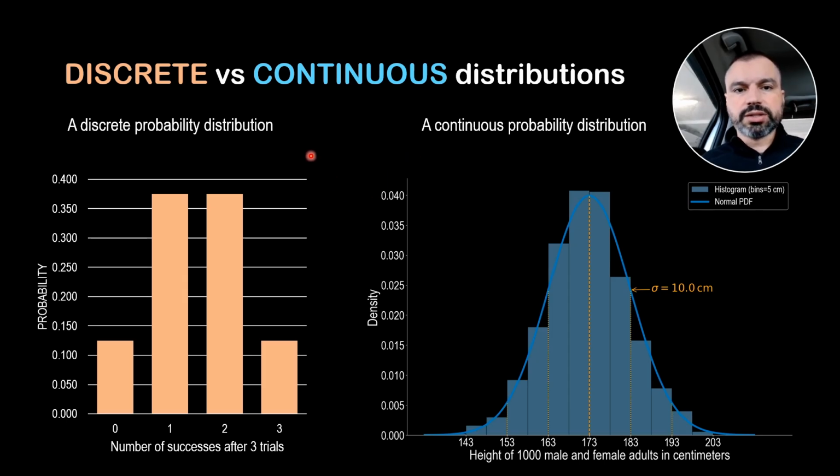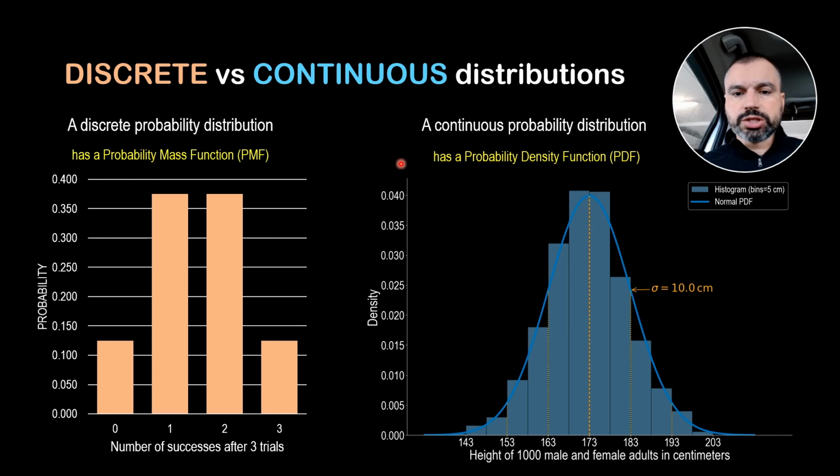The function that allows us to compute each and every probability in a discrete distribution is called a PMF, probability mass function, whereas the function that allows us to compute the probabilities in a continuous probability distribution is called a PDF, probability density function. One of the main differences between these two types of distributions is that with discrete distributions, we can obtain the exact probability for each and every possible value of x, whereas with continuous distributions, we cannot.